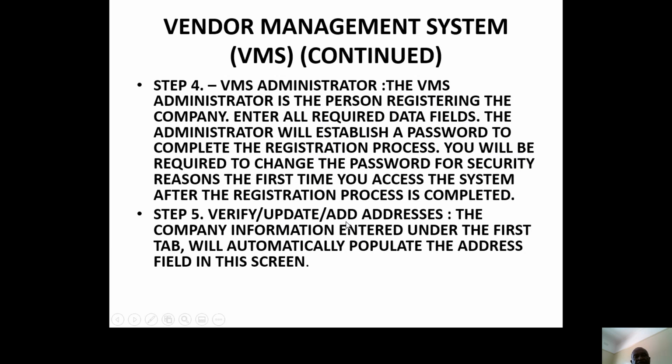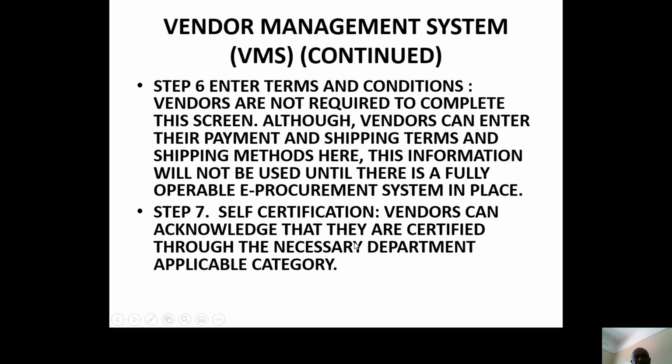Step 5, verifying updated address. The company information entered under the first tab will automatically populate your screen. Then you verify that. Is this correct? If it is correct, fair and fine. Step 6, enter terms and conditions. Vendors are not required to complete this screen, although vendors can enter their payment and shipping terms and the shipping methods.